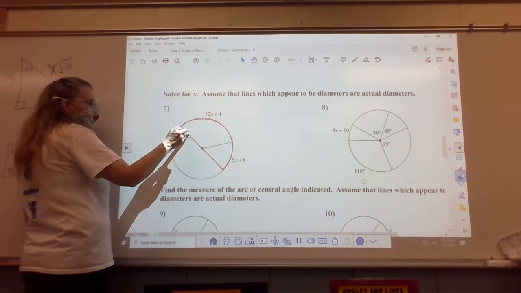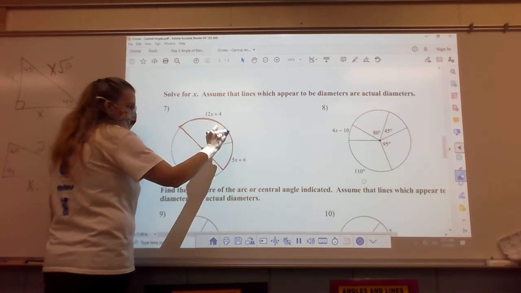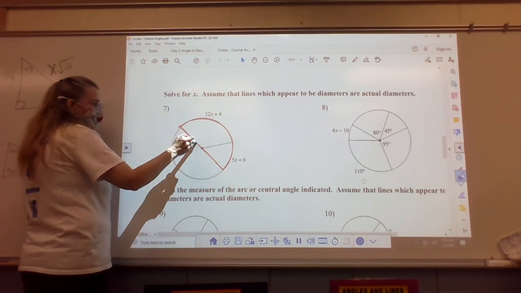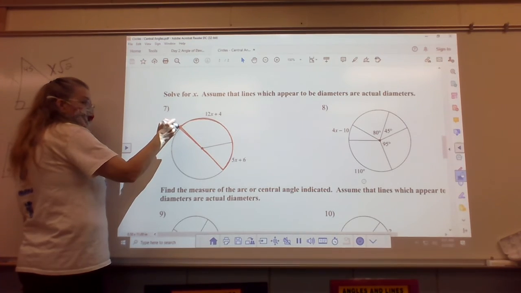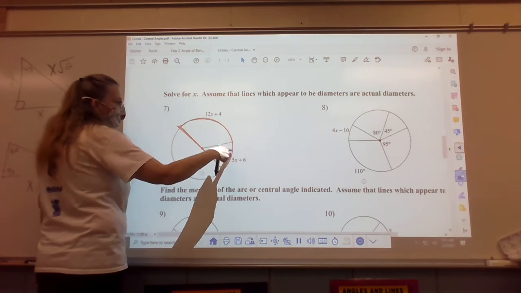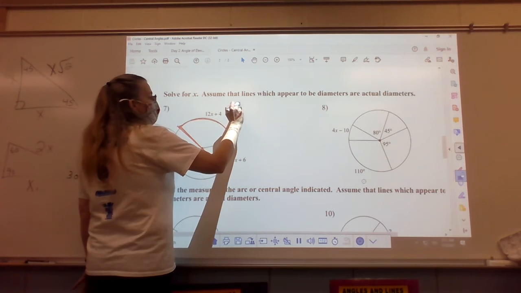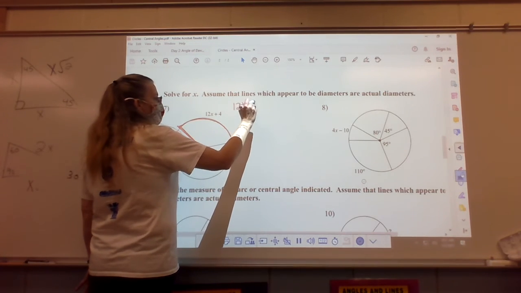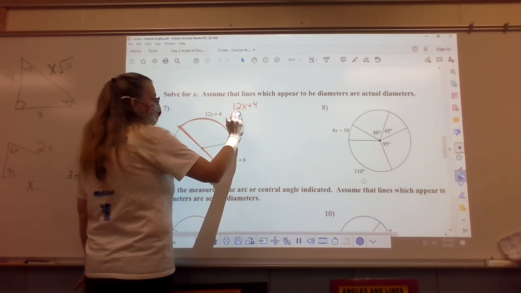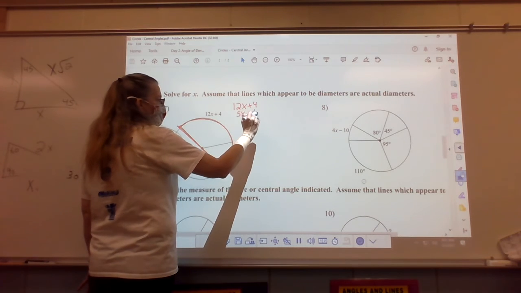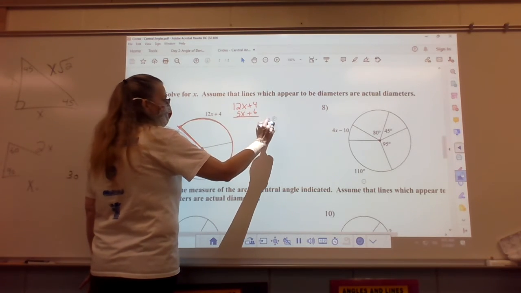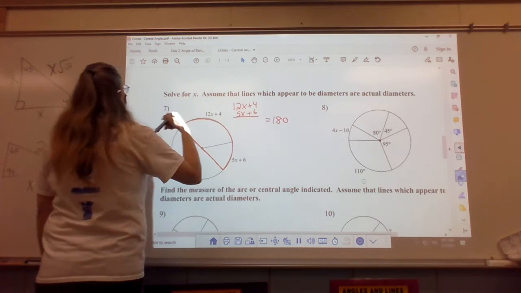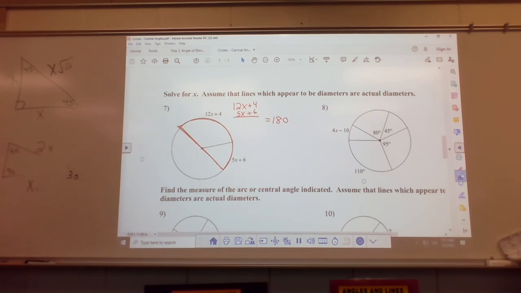So basically, what do I know about the degrees of this? 180. So if I combine my 2 expressions, 12x plus 4, 5x plus 6, it should equal 180, because it's a semicircle, it's half a circle.